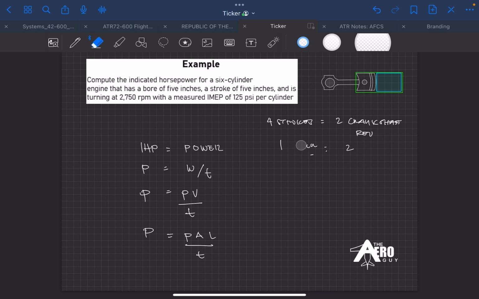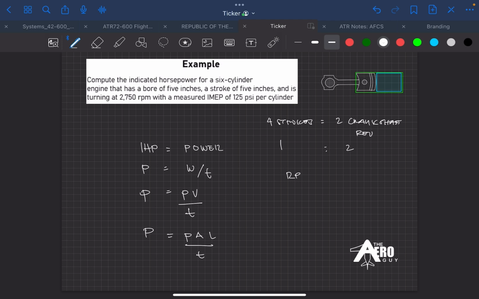That is why in computing for the indicated horsepower, you also need to consider how many power strokes are currently happening. That can be computed by the number of crankshaft revolutions divided by 2.